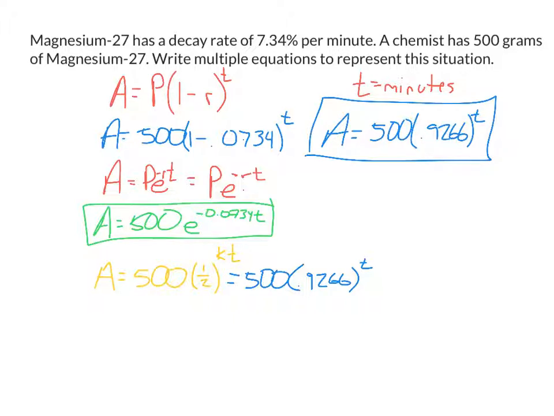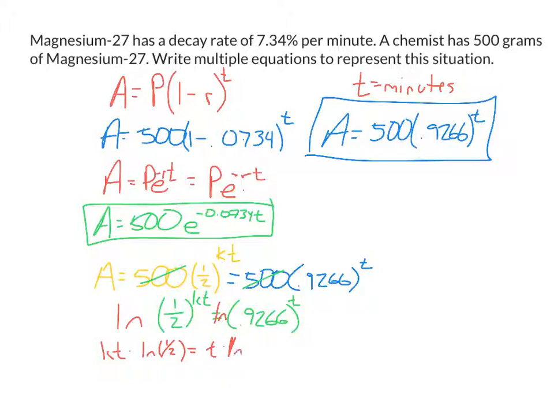To do this, we would divide both sides by 500 and they would cancel. And so we have 1/2 to the KT equals 0.9266 to the T. If I take the natural log of both sides, that means I'm going to bring my exponents out, so KT times the natural log of 1/2 equals T times the natural log of 0.9266.